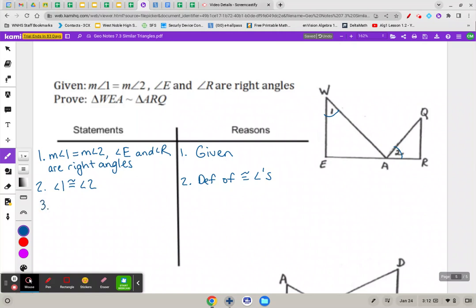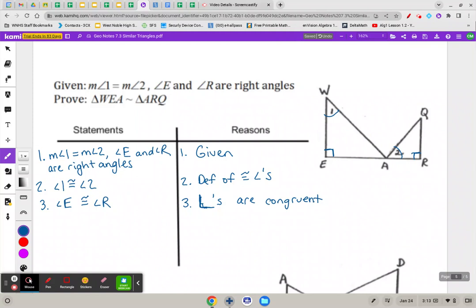Now I'm going to say that angle E is congruent to angle R. This is because right angles, you can shorten it with a little symbol, are congruent. We know all right angles are 90 degrees, but we do have to state that. We can't just assume it.